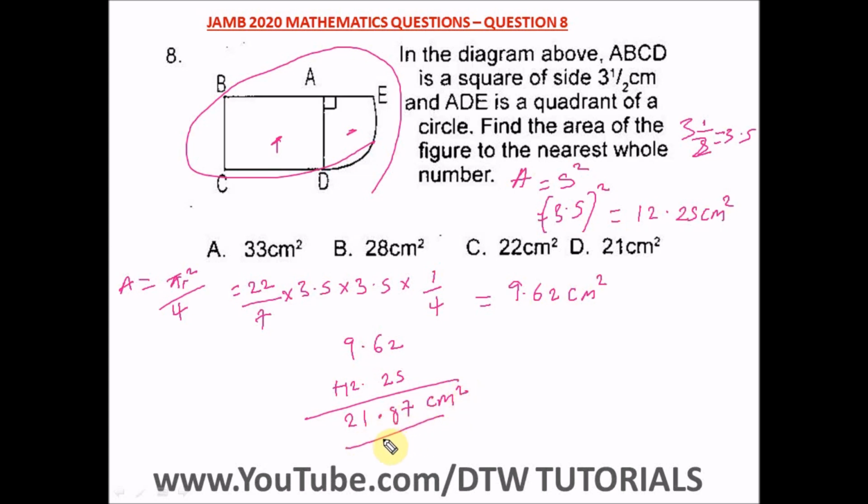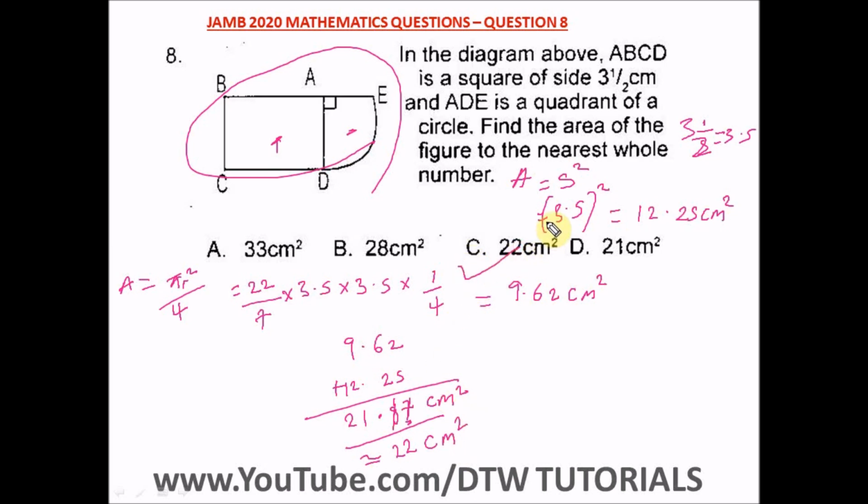And if we are to approximate this, don't forget, this is more than 5, we cancel it, add 1. This gives us 21.9, more than 5, we cancel it, add 1. So you have 22 centimeters square, which is our C.